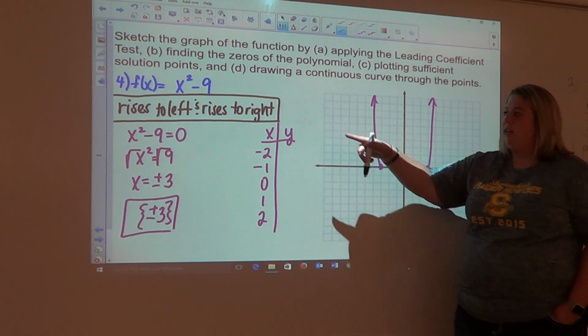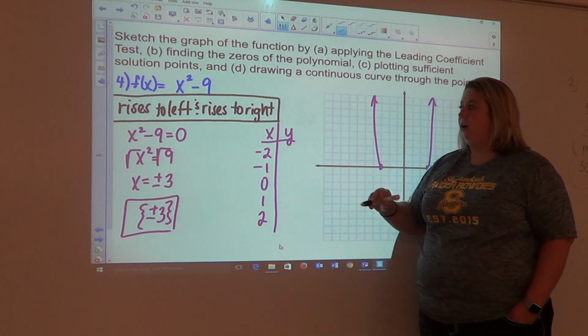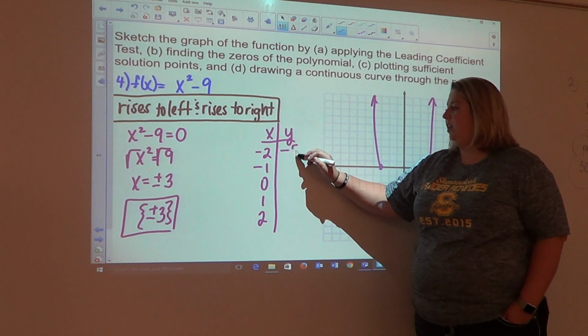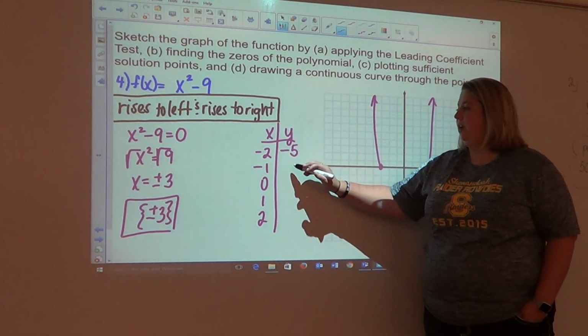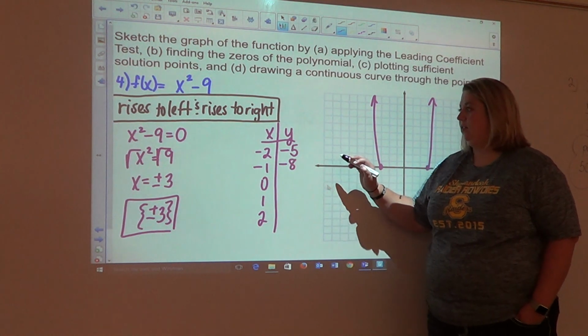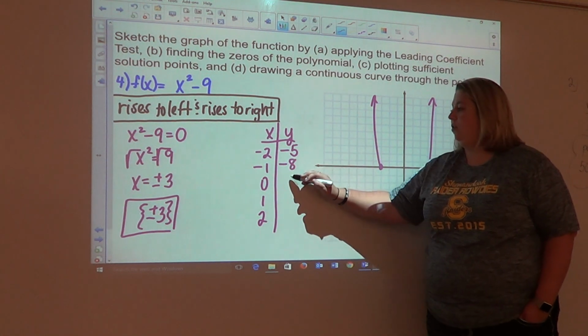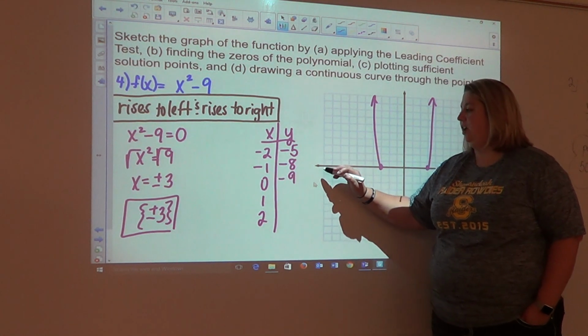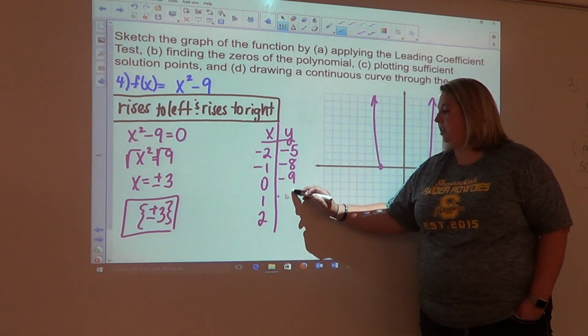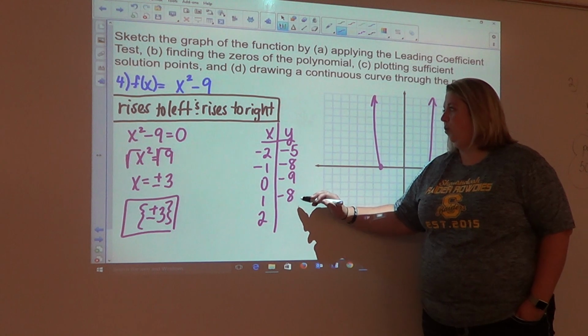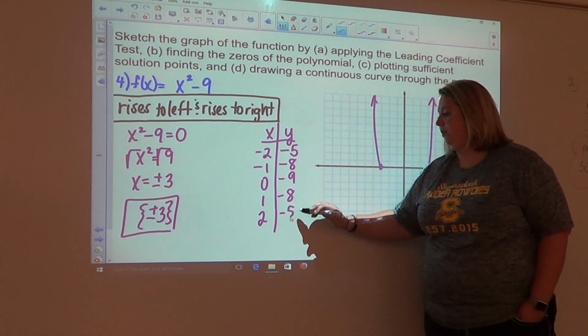So if I plug in negative 2, squared is 4, minus 9 is negative 5. Negative 1 squared is 1, minus 9 is negative 8. 0 squared is 0, minus 9 is negative 9. 1 squared is 1, minus 9 is negative 8. 2 squared is 4, minus 9 is negative 5.